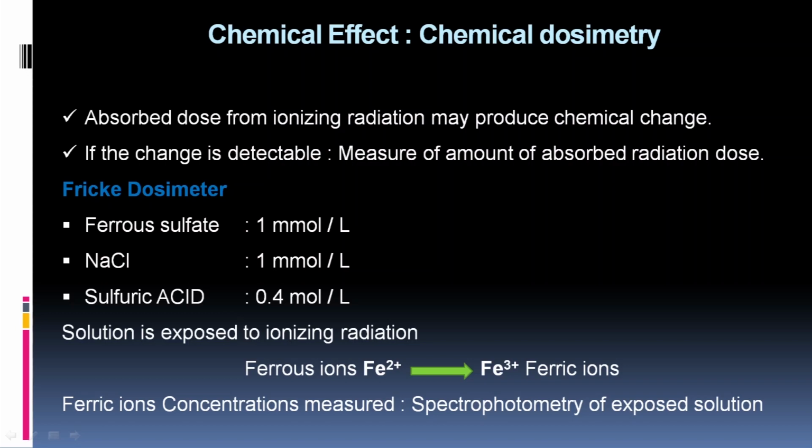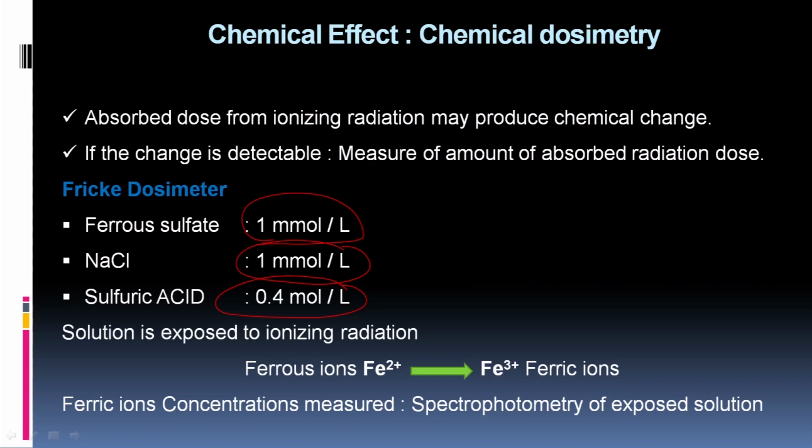where we use a ferrous sulfate solution, and this solution is composed of 1 micromole per liter of ferrous sulfate, 1 micromole per liter of NaCl and 0.4 mole per liter of sulfuric acid. This is the solution we use for the Fricke dosimeter.